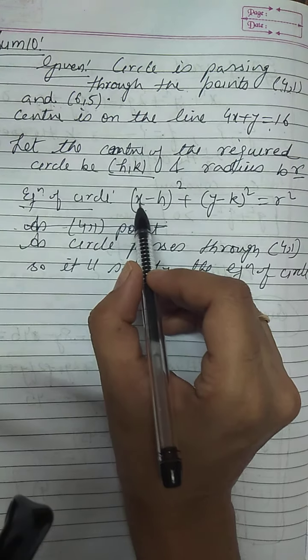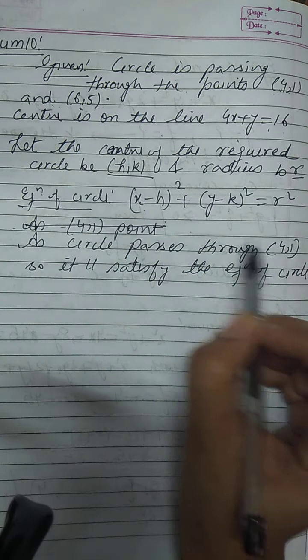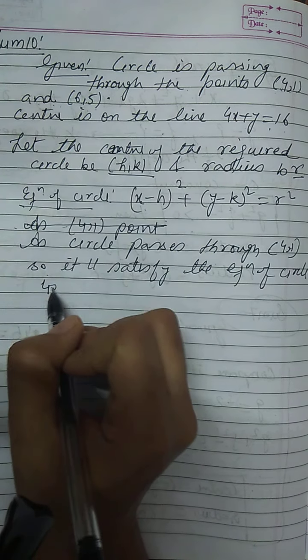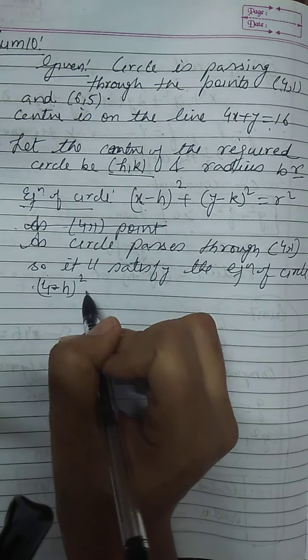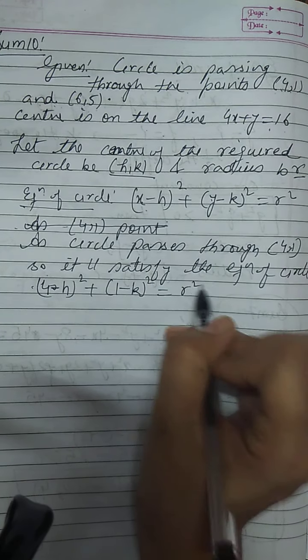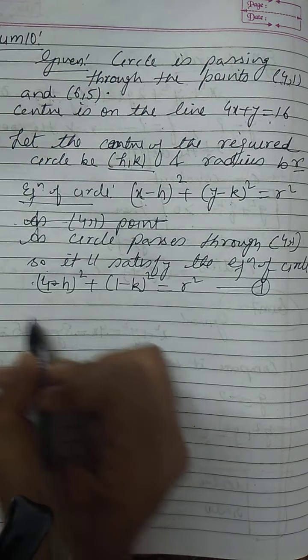Let us substitute. In place of x we will write 4, in place of y we will put 1. So we are getting (4 minus h) square plus (1 minus k) square equals r square. We can mark it as 1.